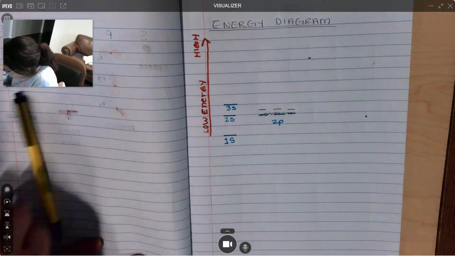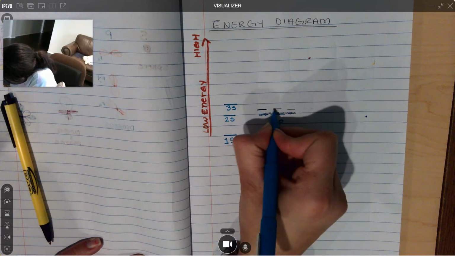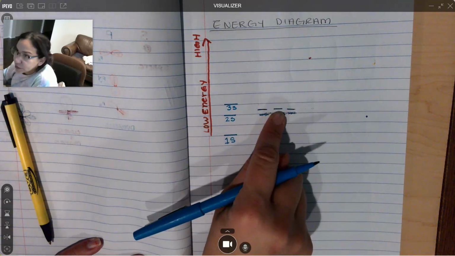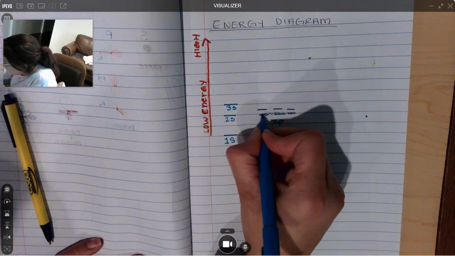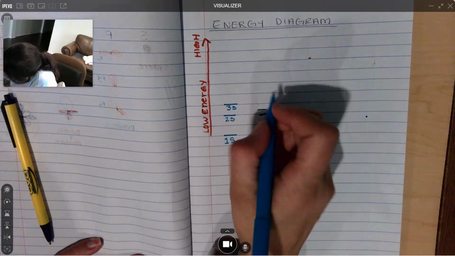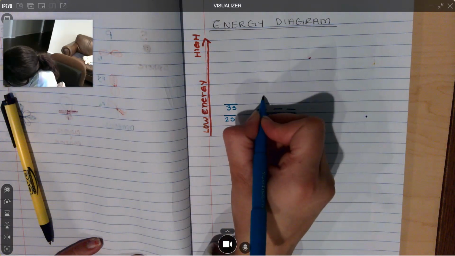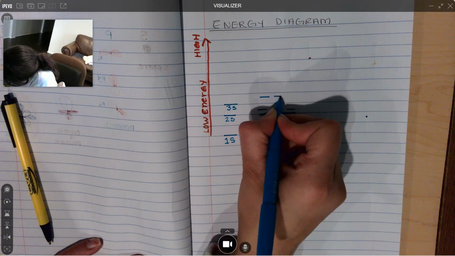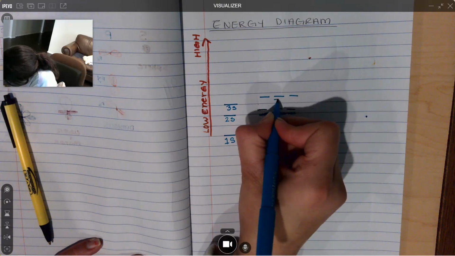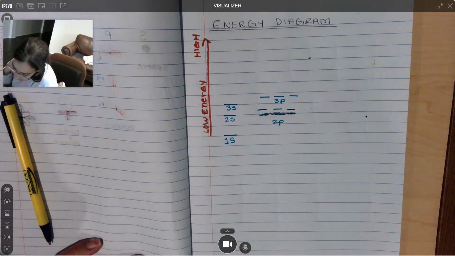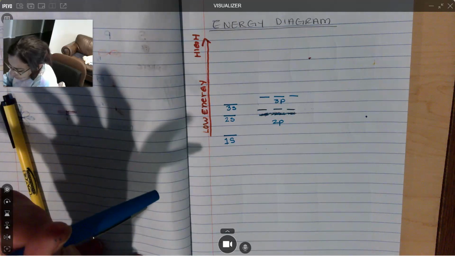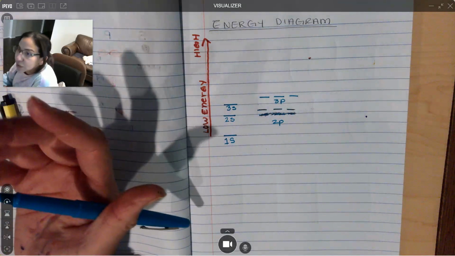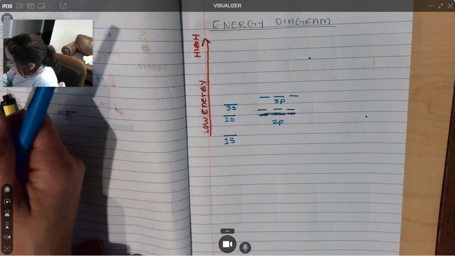There are still 2 P's, but they're slightly higher in energy than the 2S. So I have my 3S, and just like my 3P, it's going to be higher in energy. 3 P's. And my third energy level also has the 3D level to it.